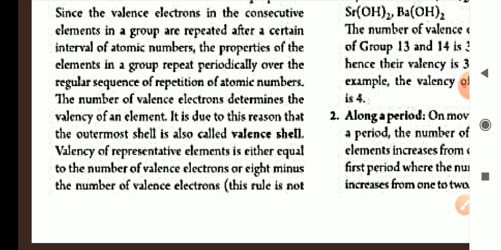The outermost shell is called the valence shell. The valency of representative elements is either equal to the number of valence electrons or 8 minus the number of valence electrons. Consider chlorine. Chlorine contains 7 electrons in the outermost shell. We cannot say it will lose 7 electrons, because it would disturb the stability of the atom.